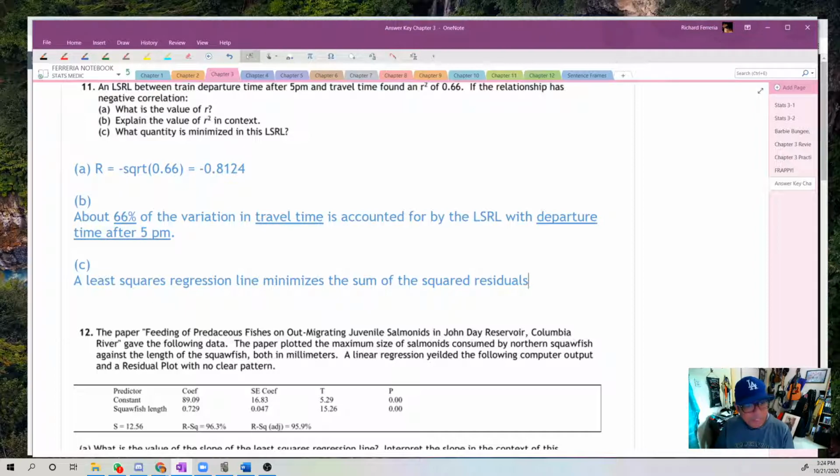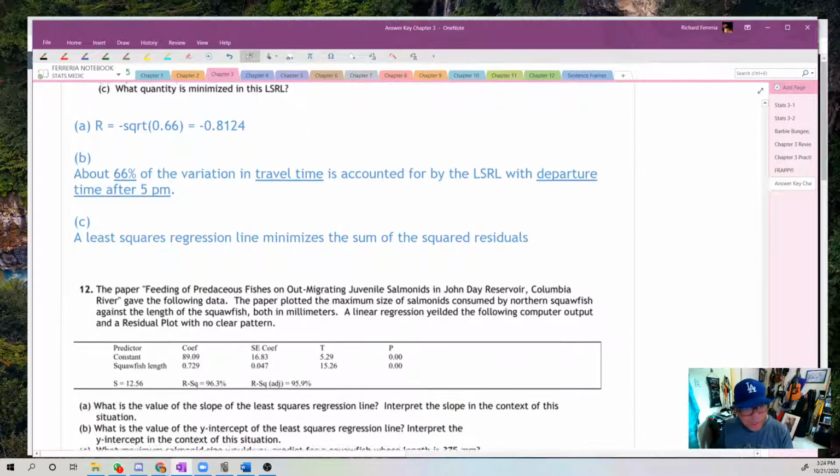So the maximum size of a baby salmon that was eaten by a squawfish and the length of the squawfish, both in millimeters. So the squawfish is eating the baby salmon, and you would imagine that depending on the size of the squawfish, the biggest salmon that it can eat would be based on the size of the squawfish. In other words, the bigger the squawfish, the bigger a baby salmon it can eat.